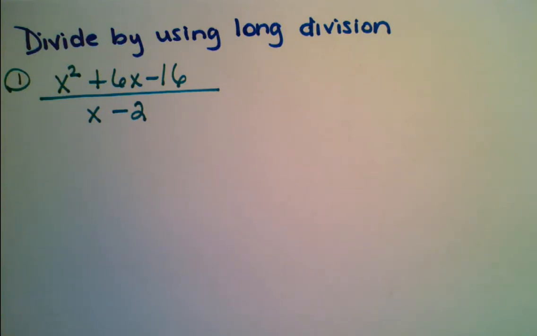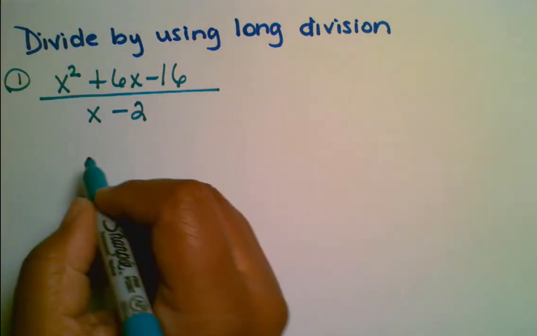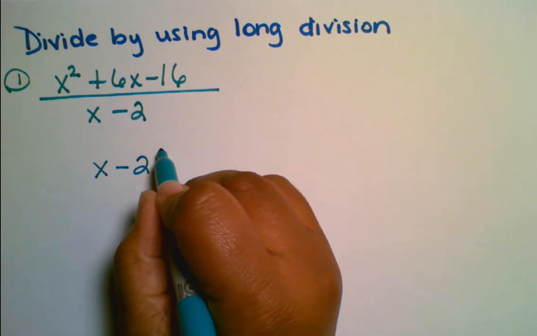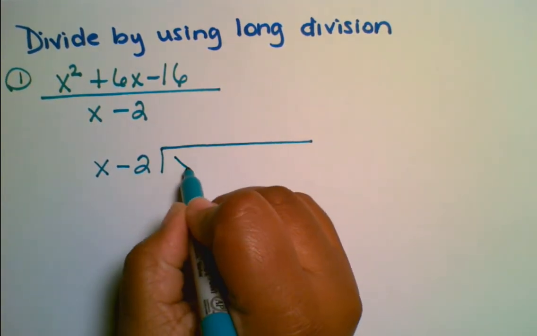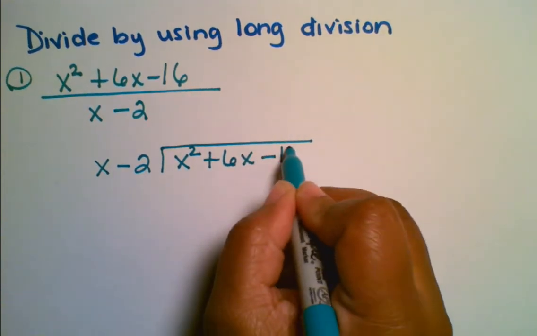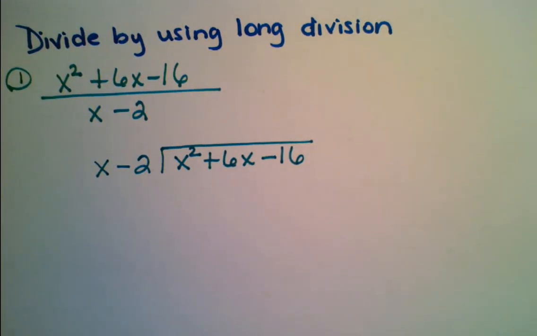Before I show you synthetic division, let me show you long division. Our divisor is x minus 2. Our dividend, what we're going to put under the long division sign, will be x squared plus 6x minus 16. Now remember that process we talked about.